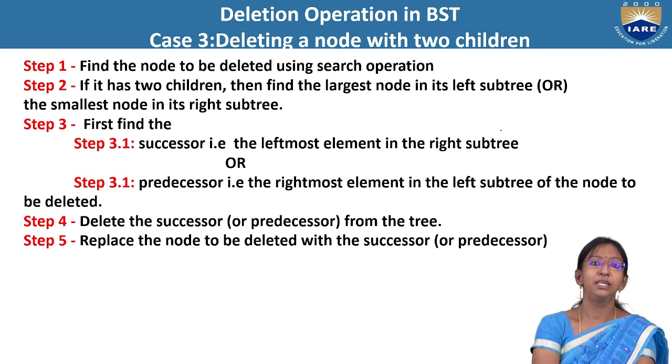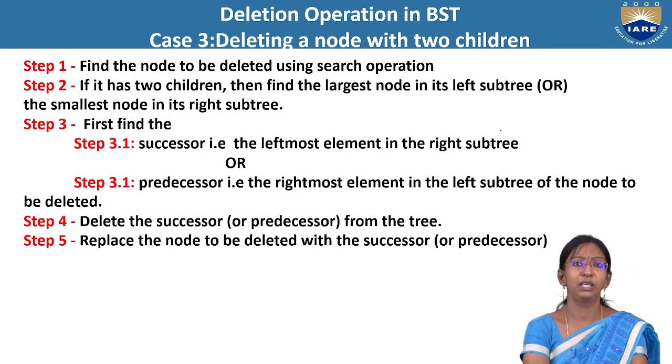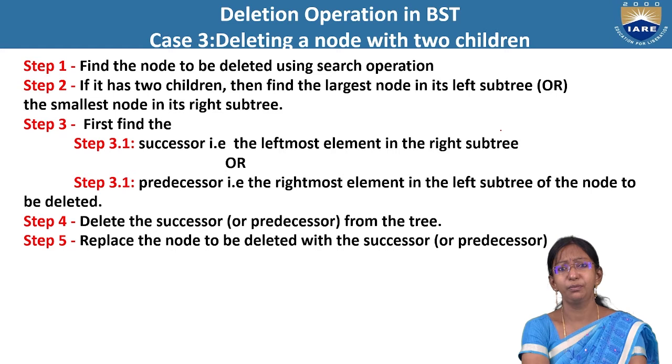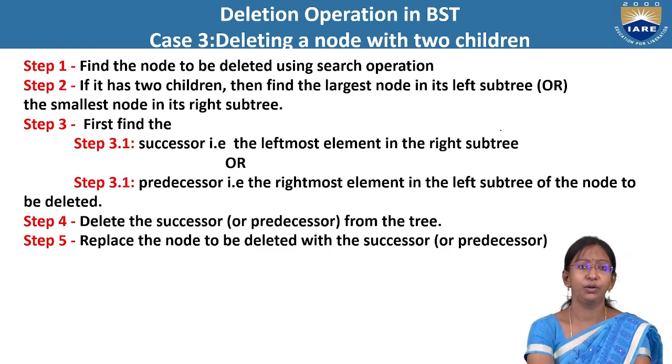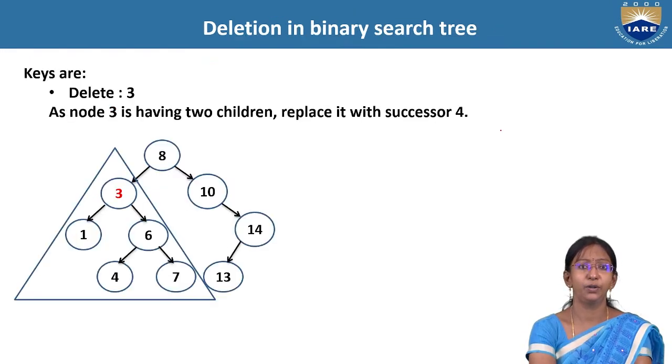The option is to replace the node which you want to delete with its successor or predecessor. Successor is the leftmost element of its right subtree. Predecessor is the rightmost element of its left subtree. Either one of the elements you can use.